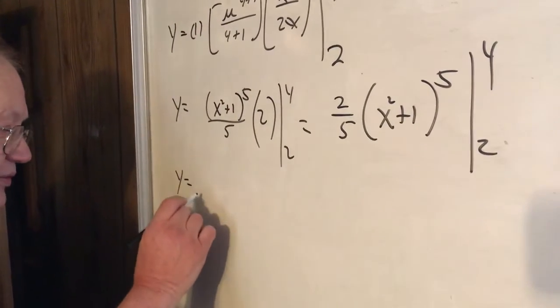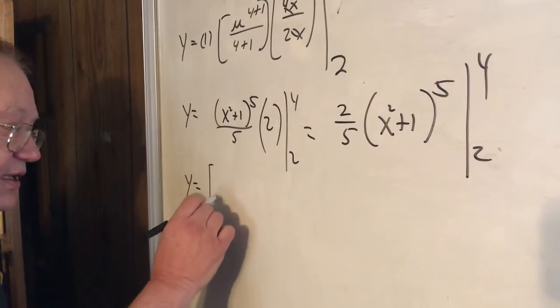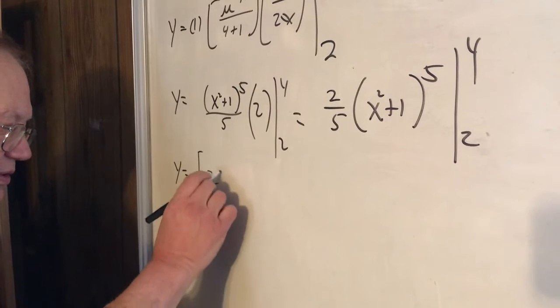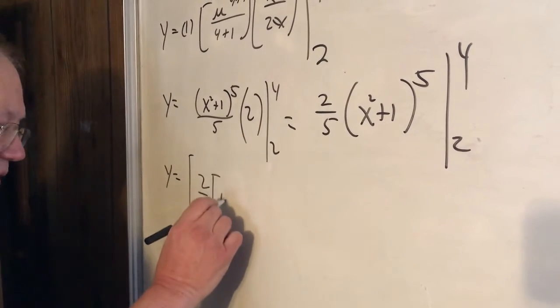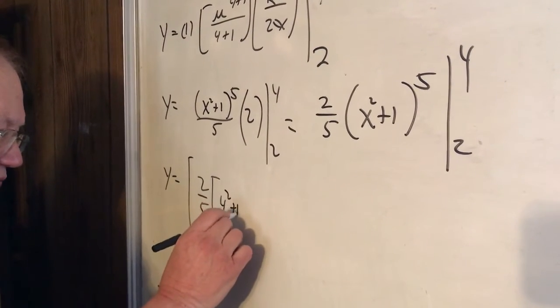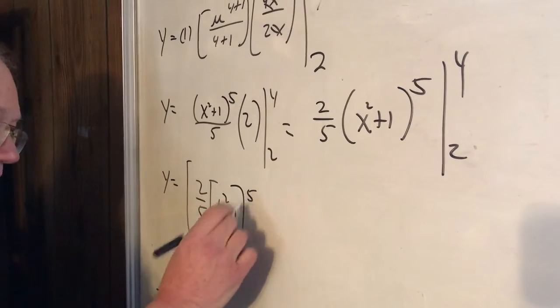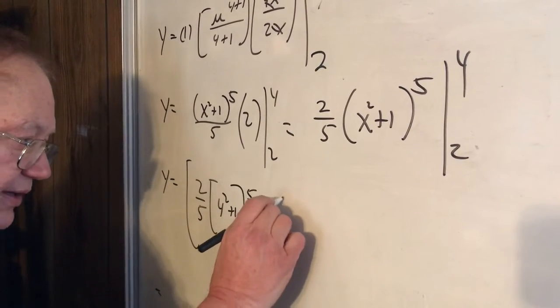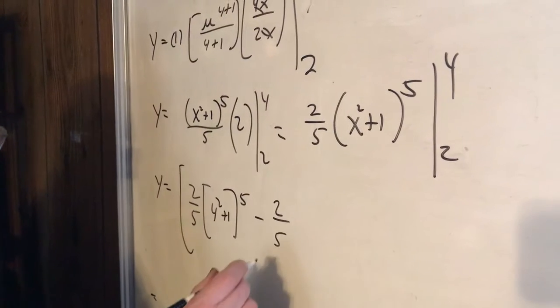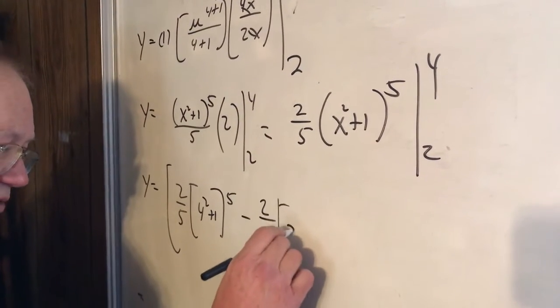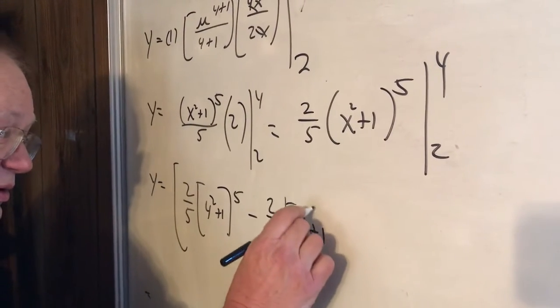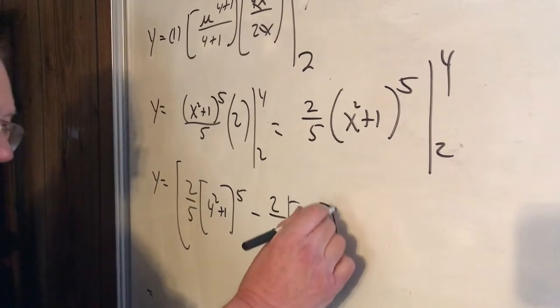So y is going to equal, in the box, 2/5 (4 squared plus 1) to the 5th minus 2/5 (2 squared plus 1) to the 5th.